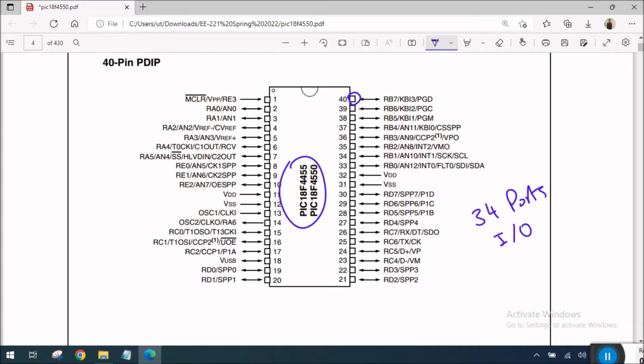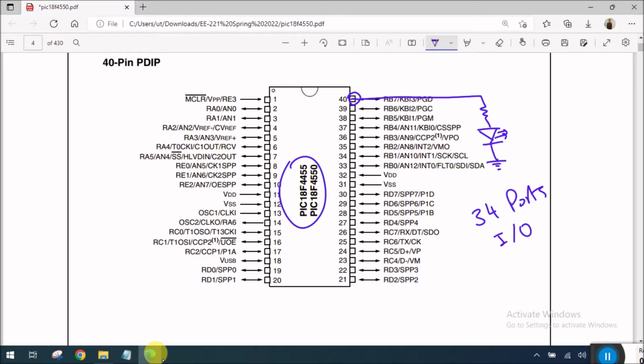So first, let's consider that this pin is an output pin. When this pin is an output pin, this means that some load will be connected to this pin that would be driven using this pin. So let's just connect a resistor and an LED, that is a diode, with this port.